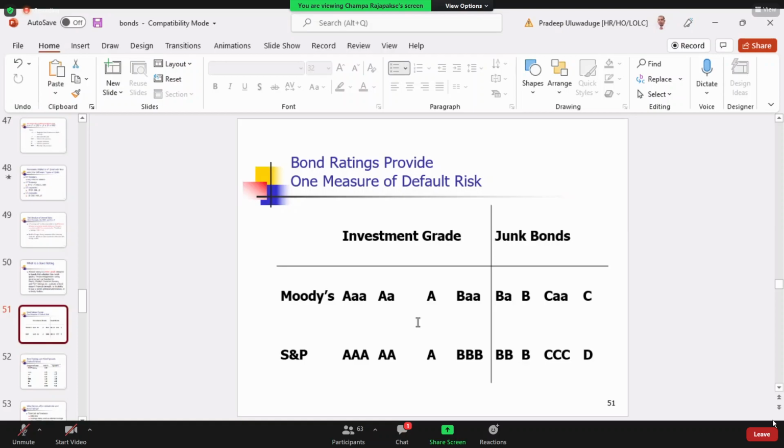We also have our own Sri Lankan ratings with an L in the front, which you can refer to. I'm sure you have seen in newspapers some banks say they have obtained a triple B rating; they advertise it when asking you to buy their securities. That is a rating.